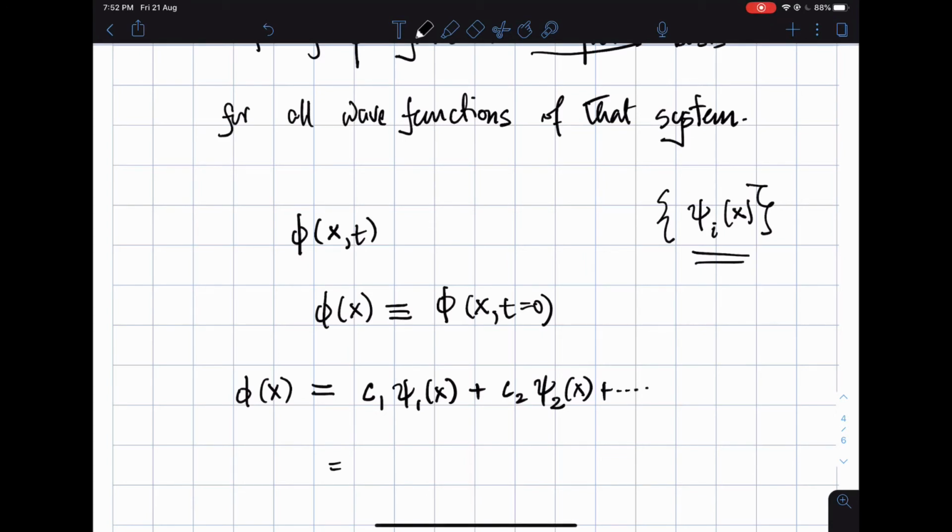In principle, there will be an infinite number of those things. So we write it as the sum of C_i psi_i of x. So this is a very, very powerful result.